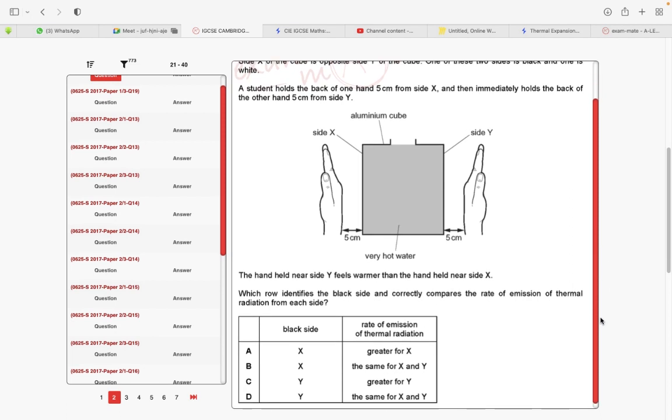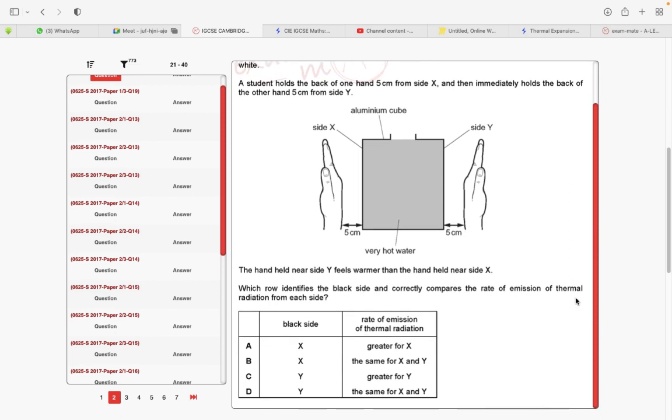Wait, hold on. Just to clarify something, white usually doesn't absorb the heat. It kind of reflects it, right? White in general, yes. So that means more or less it reflects it. It's not a good absorber, and neither is it a good emitter.